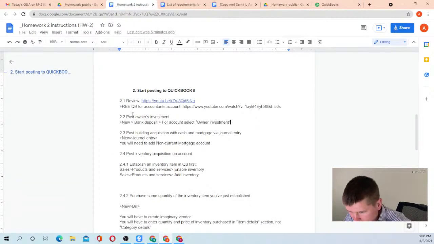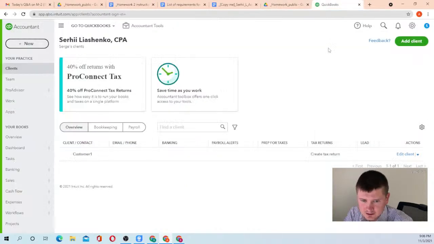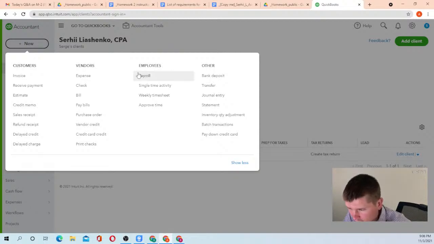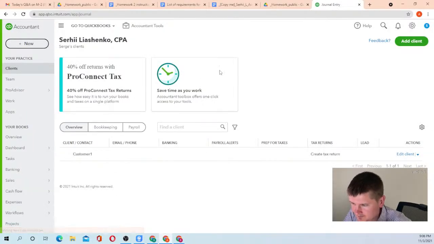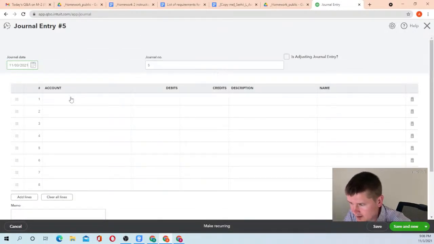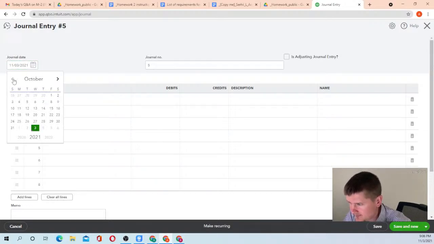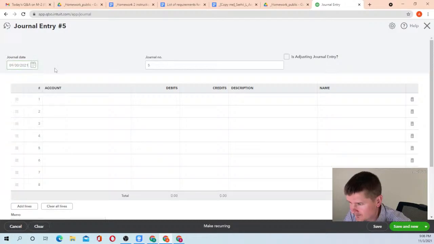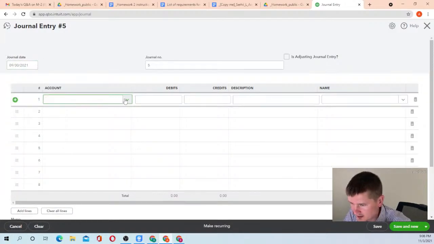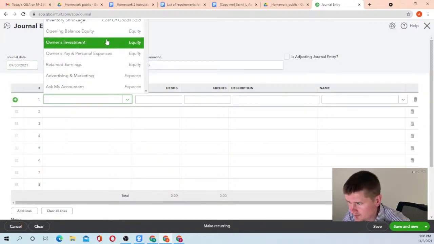Let's see what else do we have here. Post building acquisition with cash and mortgage via journal entry. New journal entry. So we click plus, we do journal entry, and we select the date, and we select the account number.